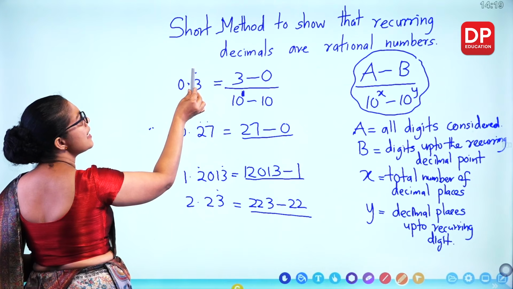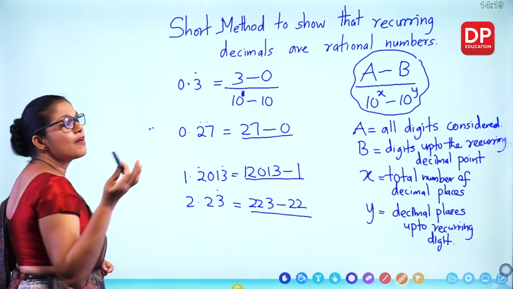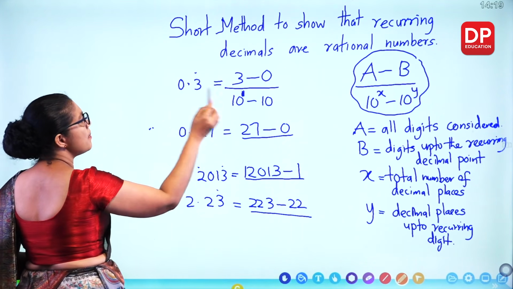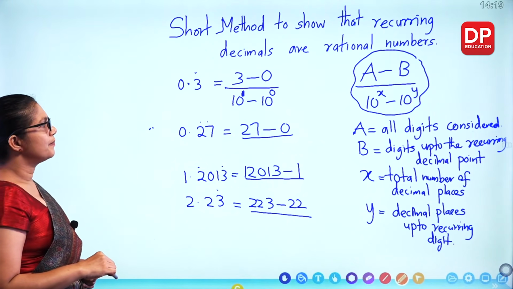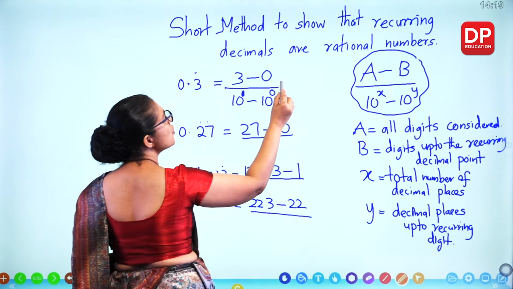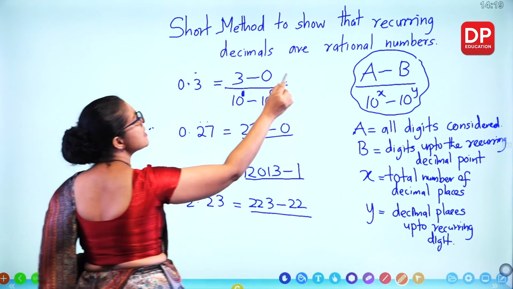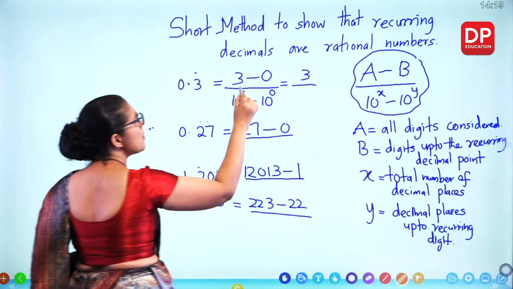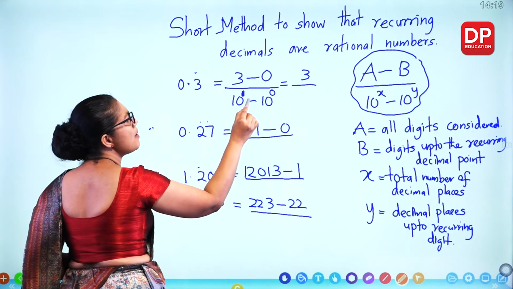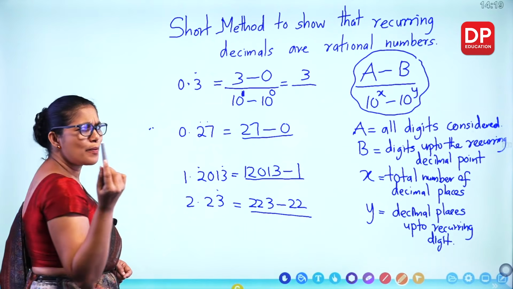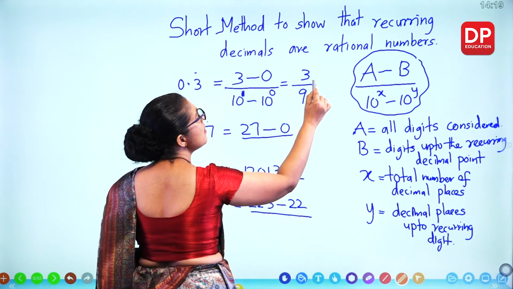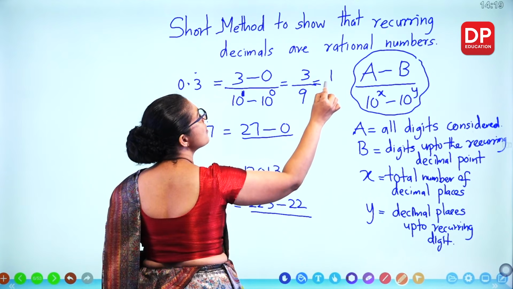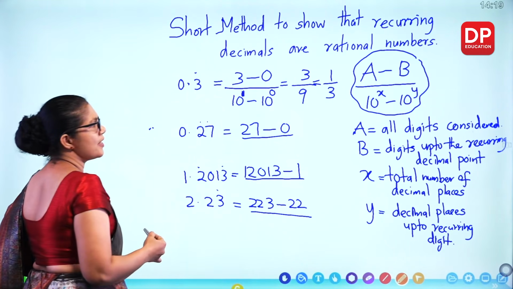Up to the recurring digit, we don't have any decimal places. So here 10 to the power 0. So when you simplify, what do you get here? 3 minus 0 is 3. 10 to the power 1 is 10. 10 minus 1, 10 to the power 0 means 1. So 10 minus 1, you get 9. When you simplify further, you get 1 over 3.